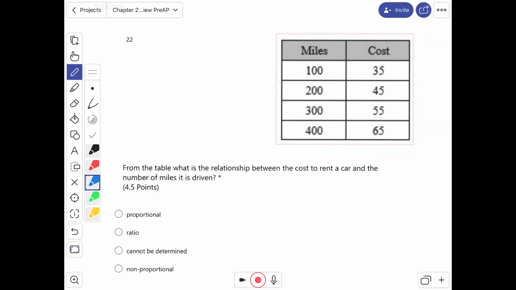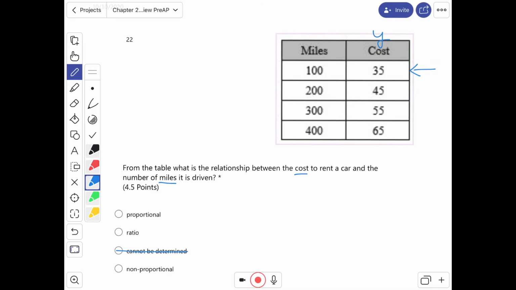From the table, what is the relationship between the cost to rent a car and the number of miles it is driven? Cost to miles. That means this number, the Y, goes on top. Is it proportional? Is it a ratio? Is it non-proportional?